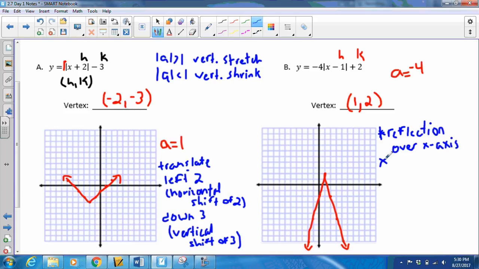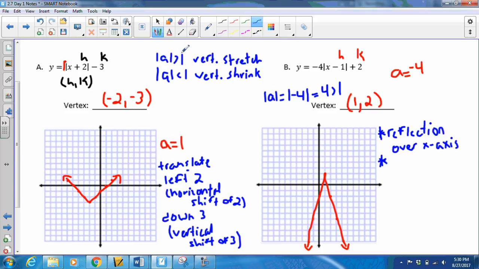Now we have to see if we have a vertical shrink or stretch. Well, our a value is a number other than 1. And here, remember, we want to take the absolute value of a to see if it's greater than or less than 1. So if we take the absolute value of a, which in this case is -4, right? Remember, absolute value of any negative makes it positive. So we actually do get 4 as our value, which is greater than 1.